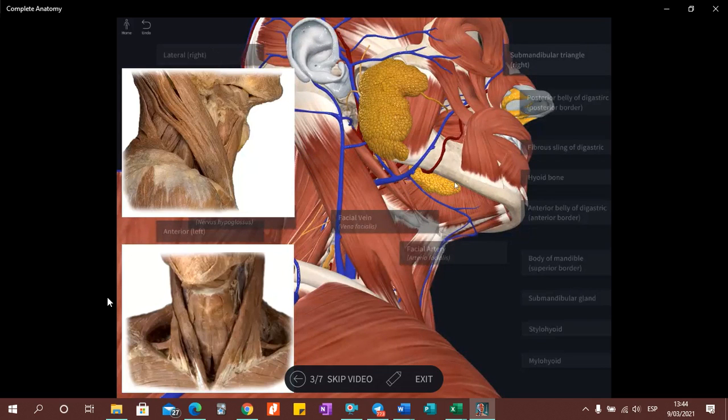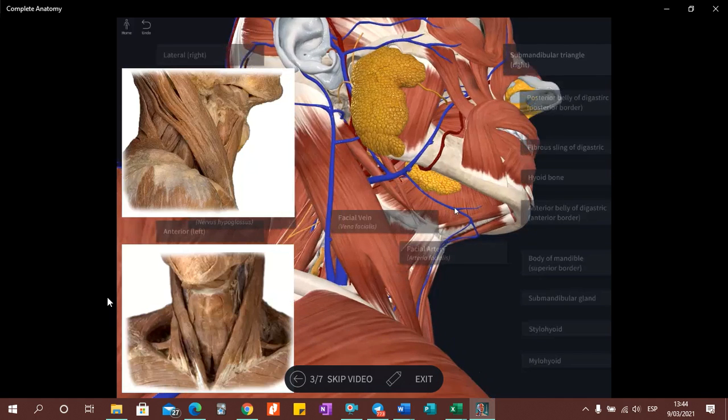The roof of this triangle is formed by the investing layer of deep cervical fascia, and a deep boundary, so a floor, is formed by the mylohyoid and the hyoglossus muscles.